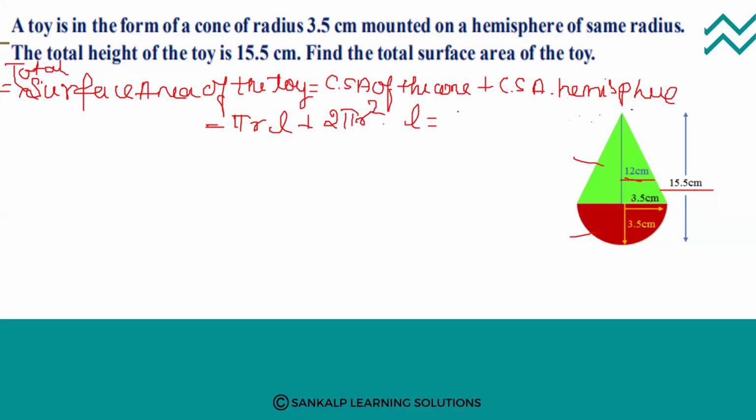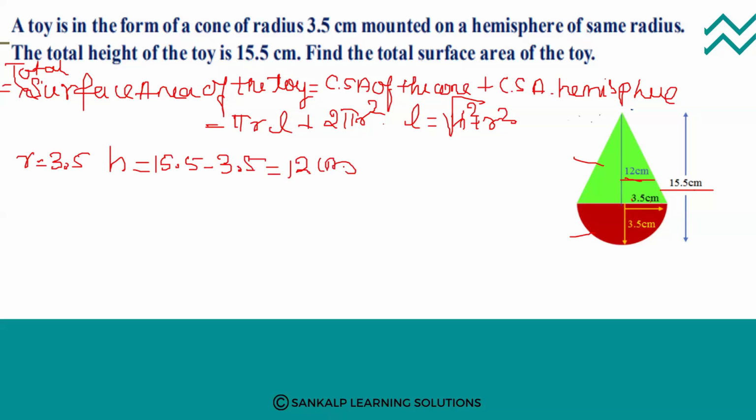Then what is L? L is slant height. L means square root of H square plus R square, right? Now, what is R? R value is 3.5. Then what is H? H means height of the cone we need to find out, right? So for that total height is 15.5 minus radius is 3.5, that is 12 centimeter. H value is 12 centimeter. Now L is equal to square root of H square plus R square.